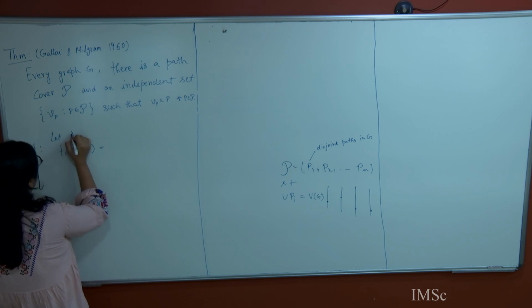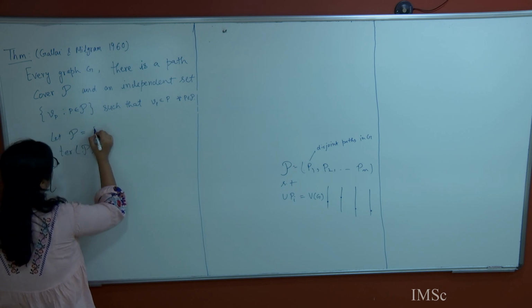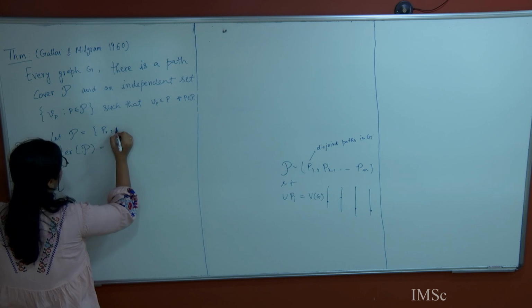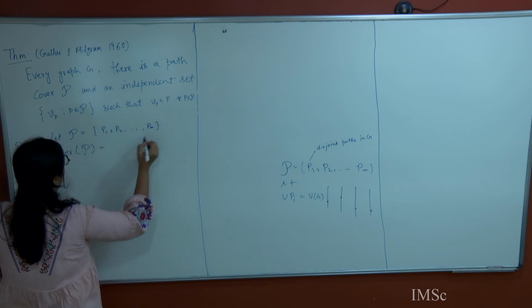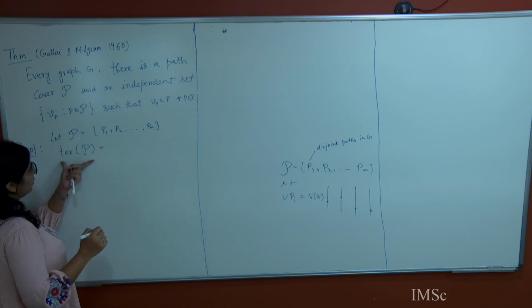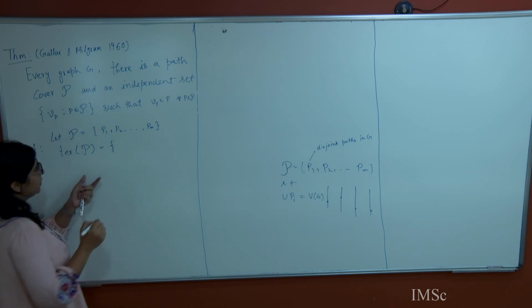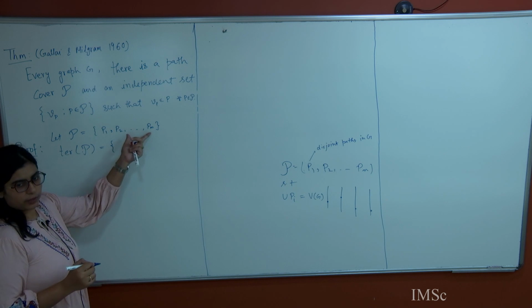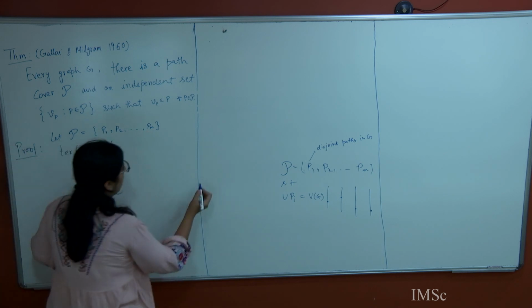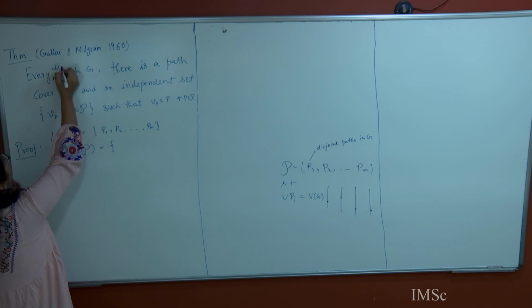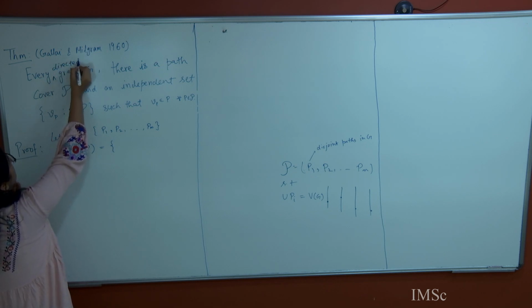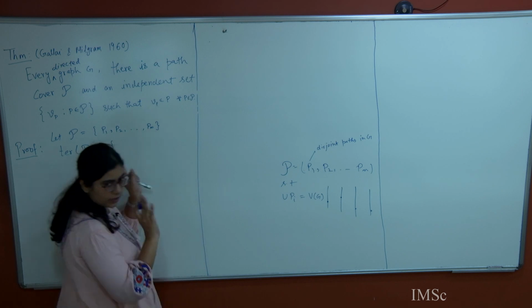So let P be a path cover which has paths P1, P2, up to Pm. Then ter P contains the last elements of these paths. We are working in directed graphs.